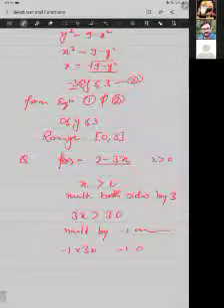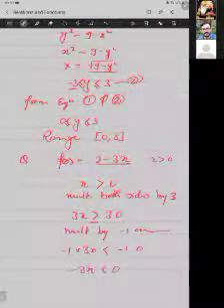Whenever you are multiplying by a minus sign, the inequality symbol will reverse. Whenever you are multiplying by minus 1 on both sides, the inequality will reverse. So minus 3x is less than 0.